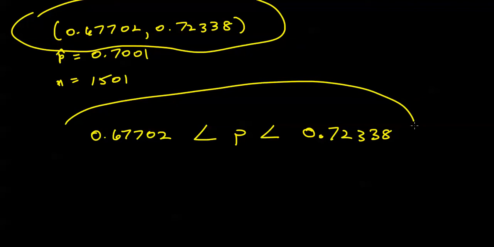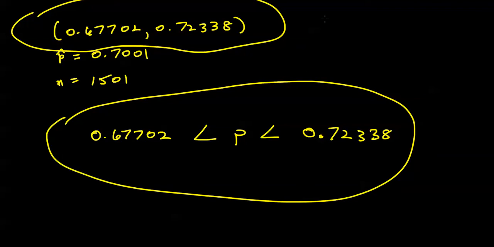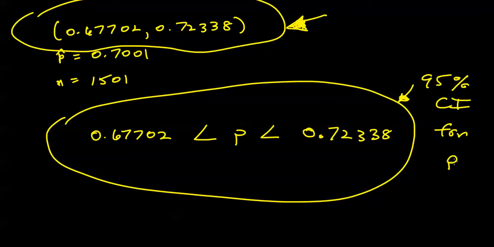The calculator returns these confidence intervals in this parentheses notation. Both I and the author would prefer this notation, a double-sided inequality. I'll call this my 95% confidence interval for p, where little p is the population proportion of global warming believers.